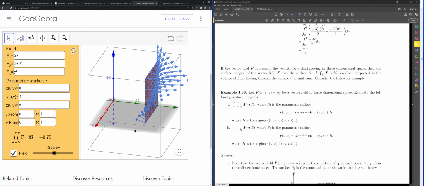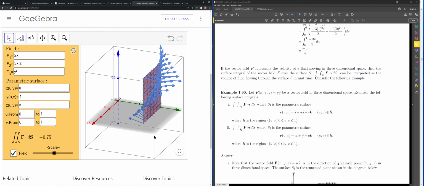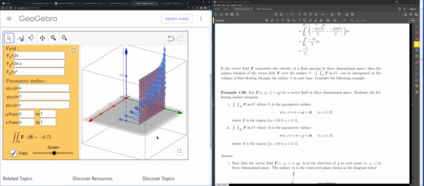So, for example, these blue arrows here form a vector field, and they're representing fluid flow, velocity of fluid flow. And you have a surface S, an example of which is this truncated plane here.